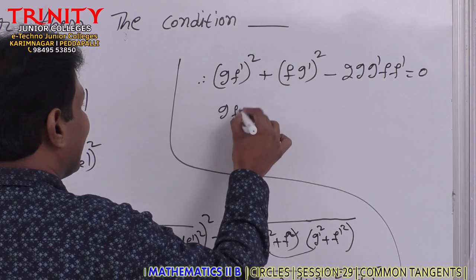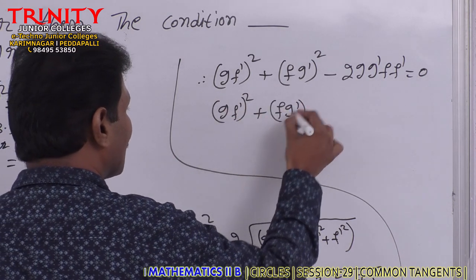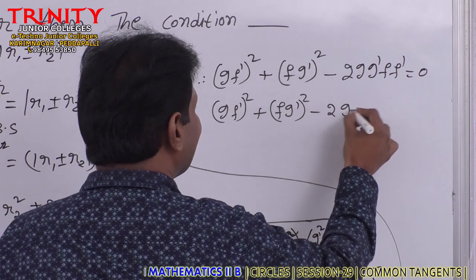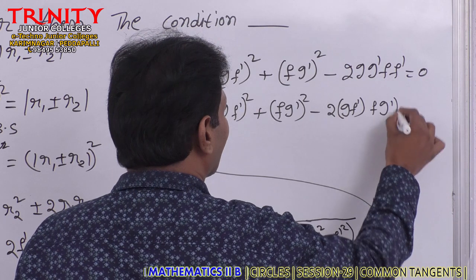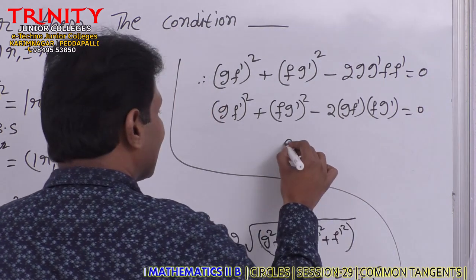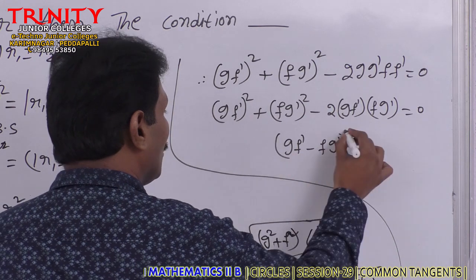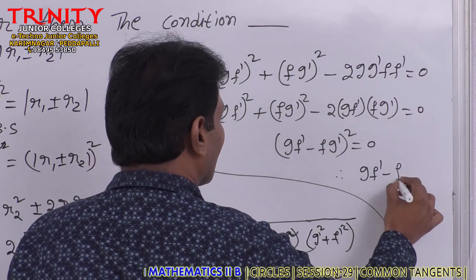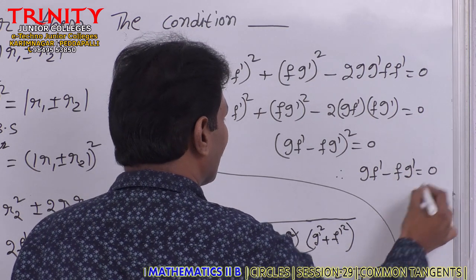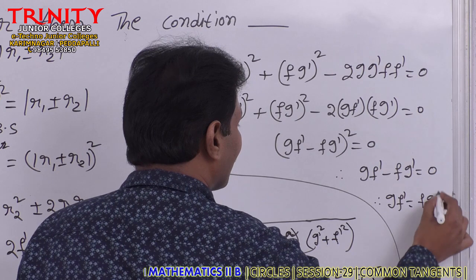That means g f dash whole square plus f g dash whole square minus 2 g f dash f g dash equal to 0, g f dash minus f g dash whole square equal to 0, therefore g f dash minus f g dash equal to 0, therefore g f dash equal to f g dash.